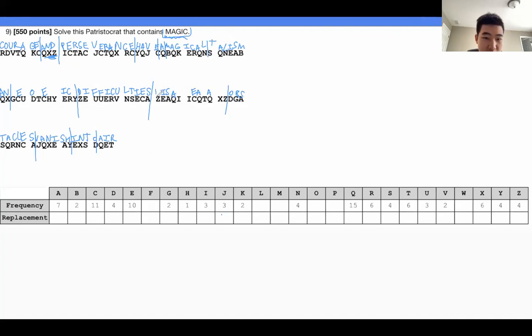Disappeared. Yeah, okay. Is this part of the same word or not? No, this is another "and." Okay, so courage and perseverance have a magical talisman.